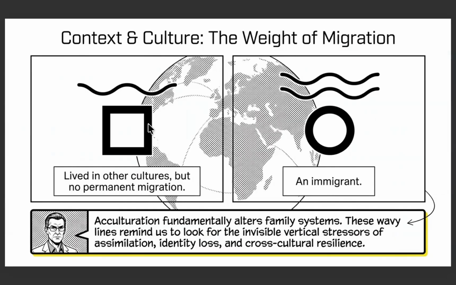For instance, this is a person who lived in other cultures, but no permanent migration. That's only one wavy line. Two wavy lines is a person who immigrated. Acculturation fundamentally alters family systems. These wavy lines remind us to look for the invisible vertical stressors of assimilation, identity loss, and cross-cultural resilience.